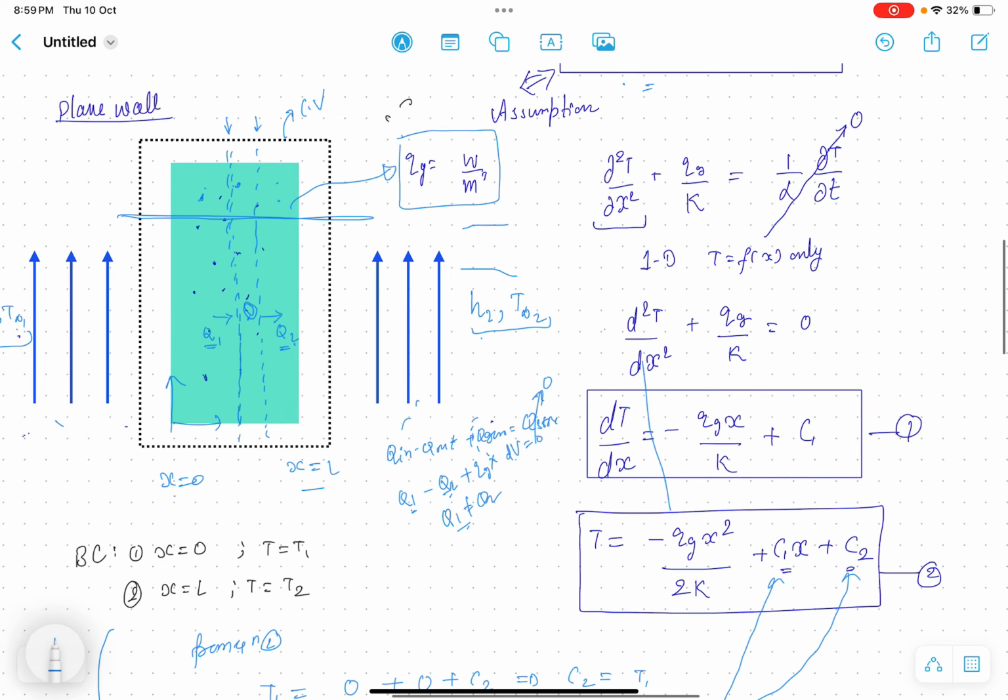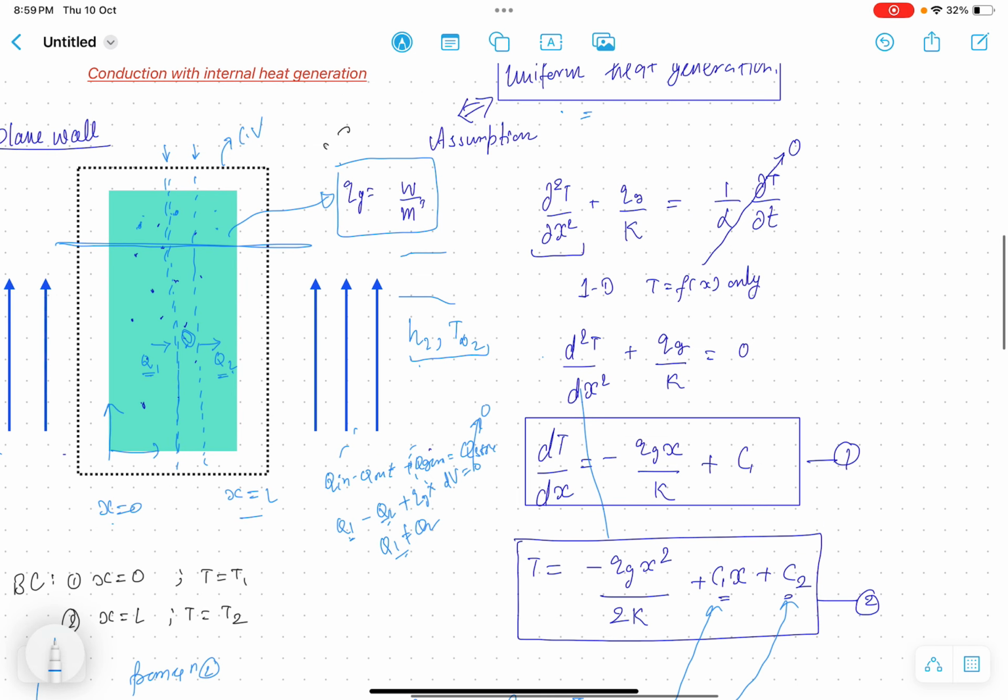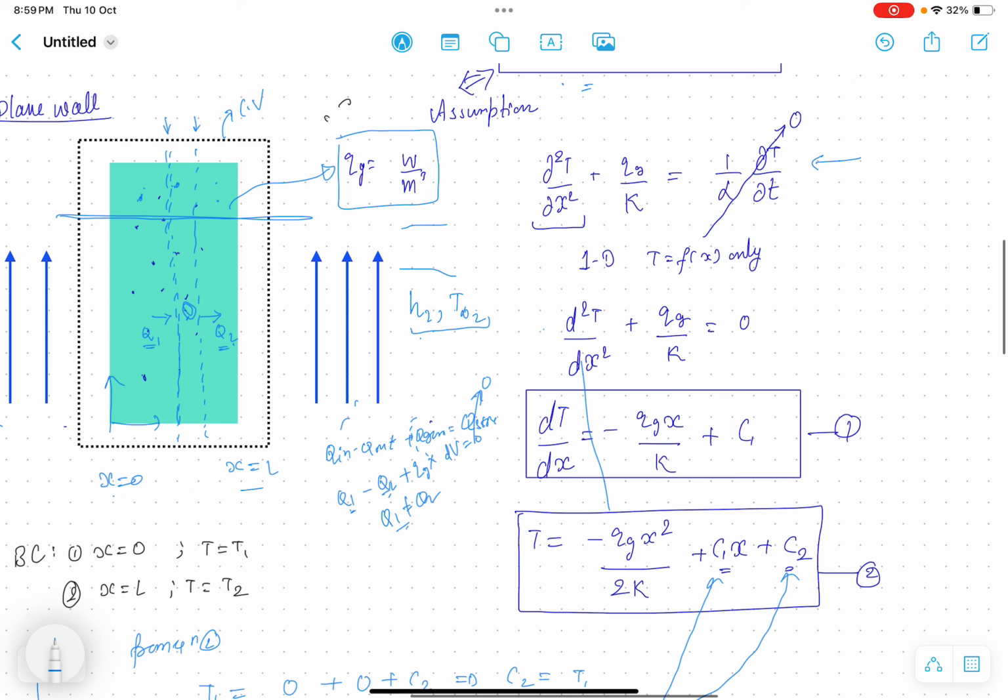That's why we have to start with the governing heat equation, which for the one dimensional case we can write like this. Since it is steady state, this term will be 0. The first term is the diffusion term, then the internal heat generation term, and this is the unsteady term, right?